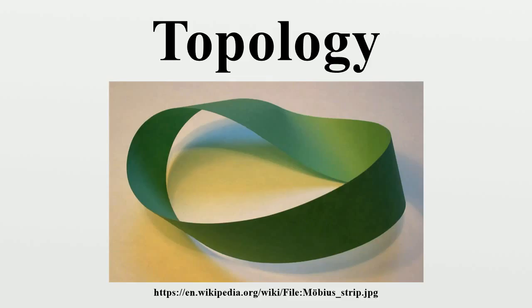The English form, topology, was used in 1883 in Listing's obituary in the journal Nature to distinguish qualitative geometry from the ordinary geometry in which quantitative relations chiefly are treated. The term topologist, in the sense of a specialist in topology, was used in 1905 in the magazine Spectator.